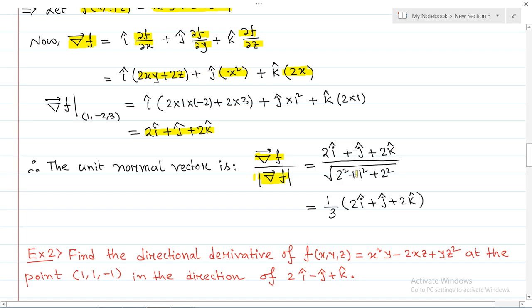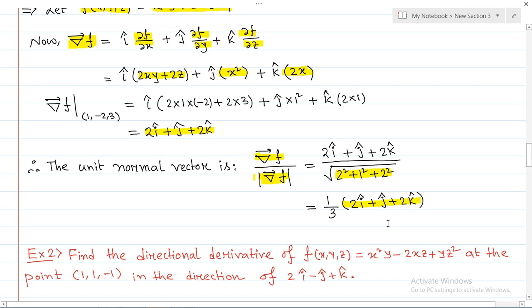That is grad f divided by the magnitude of grad f. So 2i + j + 2k divided by the square root of 2² + 1² + 2², which is root 9, that is 3. So 1/3 (2i + j + 2k). With this we have the unit normal vector to the surface at the particular point.